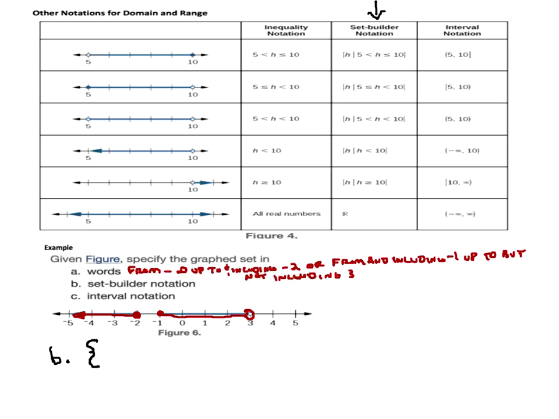So in set builder notation, we can see here some examples. We're talking about the set, so we use a brace when we're talking about sets. The set of all x's, I'm assuming that the input variable is x here.